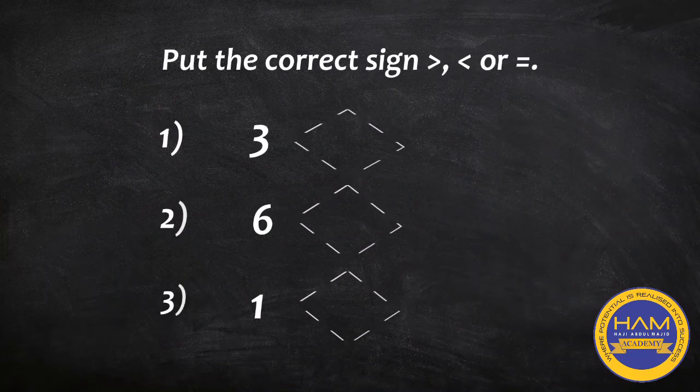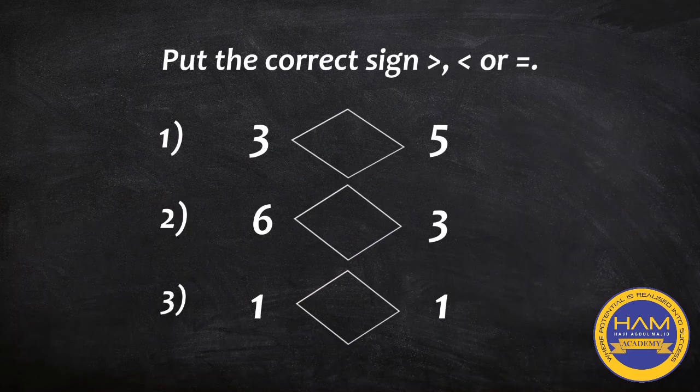Put the correct sign. Greater than, smaller than, or equal to. 3, 5. 3 is smaller than 5, so we'll put the symbol less than.